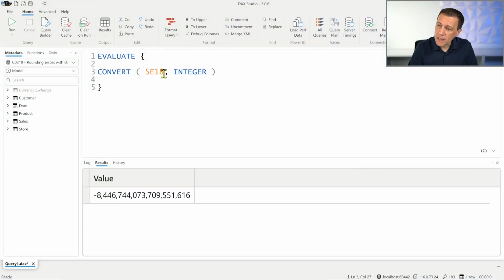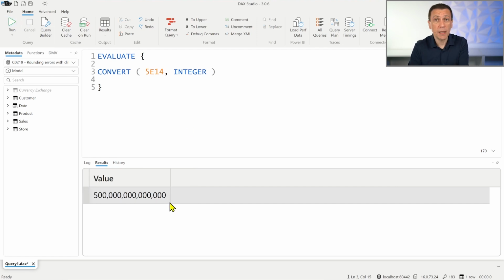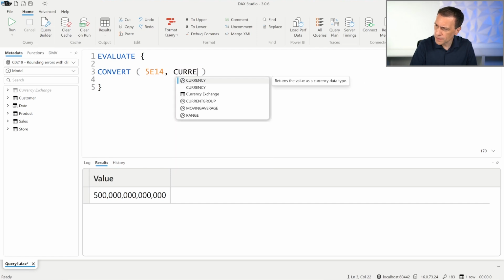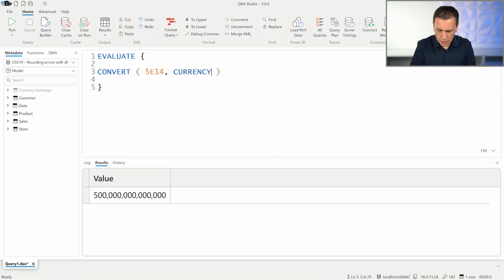For example, we can repeat the same operation by using 4 digits less in the integer part. So I use this number, and if I execute it, I see the number without any error. This is the same number that I wanted to obtain in this representation. I'm forcing, sorry, not an integer, I want to see currency in this case. And I run this code, and this is the value of the currency.